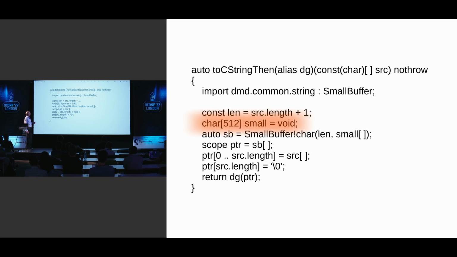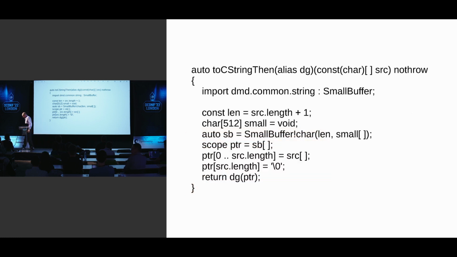You allocate a buffer on the stack. And then in DMD, there's a type called a small buffer, which is just you give it an array that it can use to fill things and a length that you're going to use. And here we initialize it, add a 0, and then return a pointer.